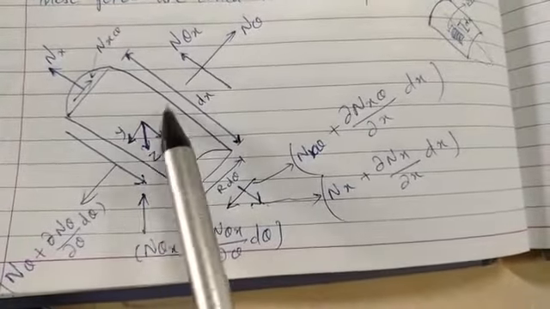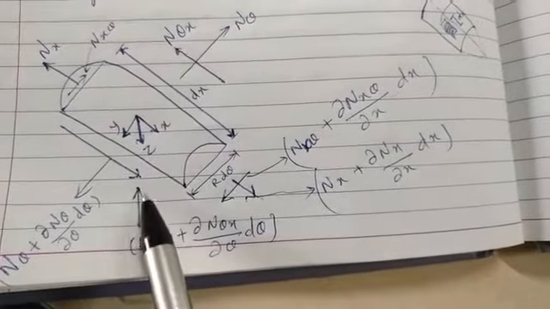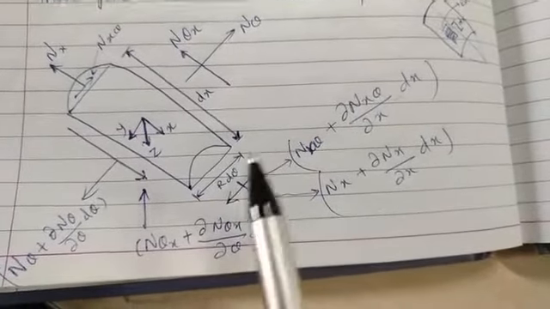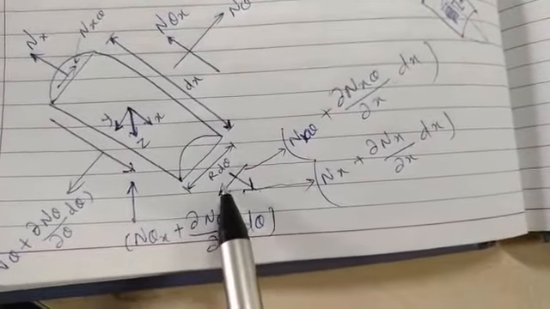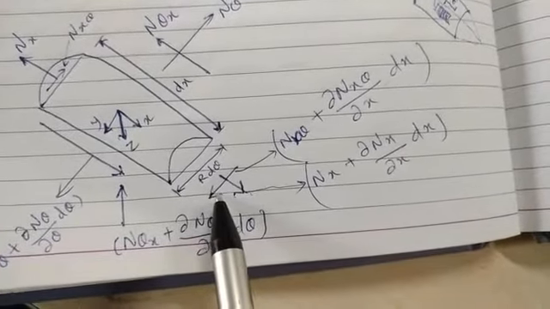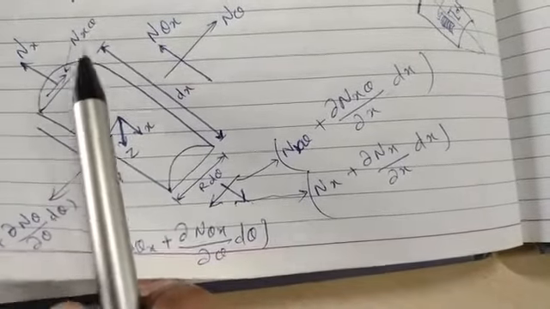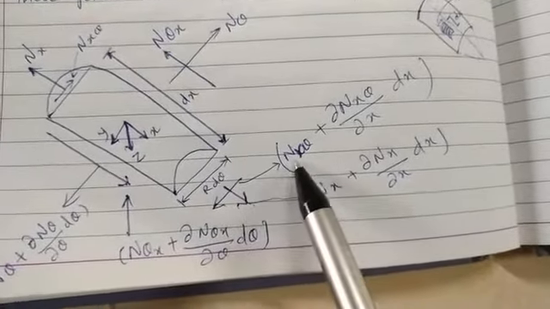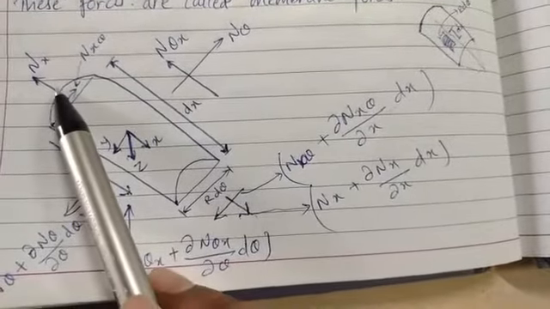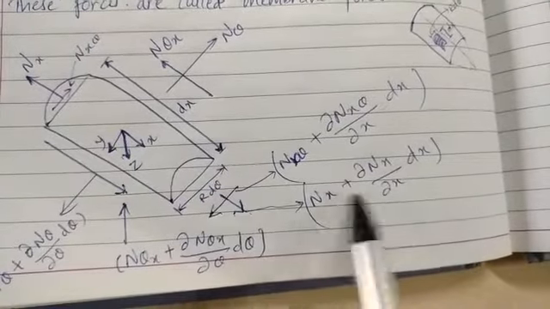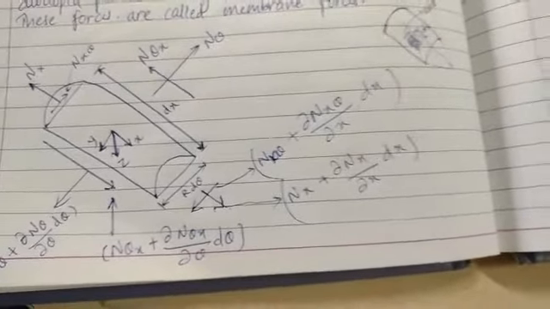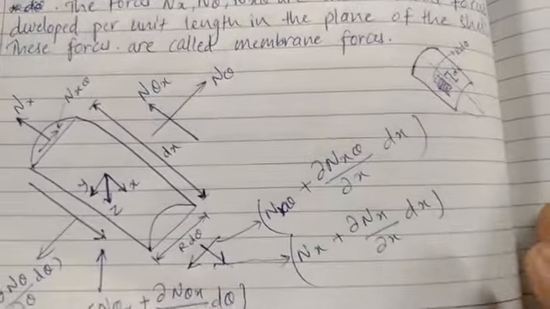Similarly, we have assumed n theta x here, and here n theta x plus dou n theta x upon dou theta into d theta. On this face also, we have assumed two forces, one along the plane and one normal to the plane. We have assumed nx here and nx theta here, with the additional component due to the change in position: here nx, and here nx plus dou nx by dou x into dx. So this is how we have considered the whole element.